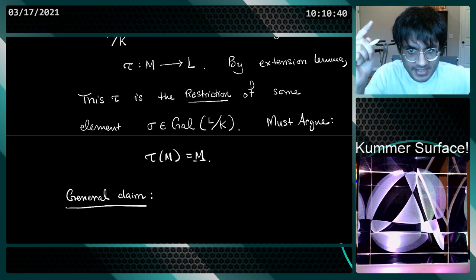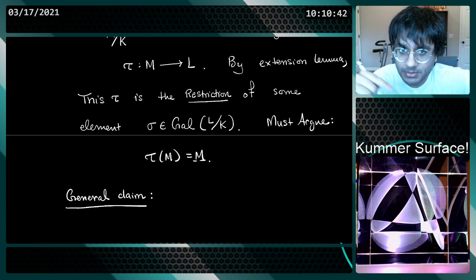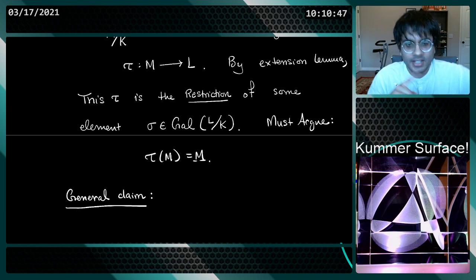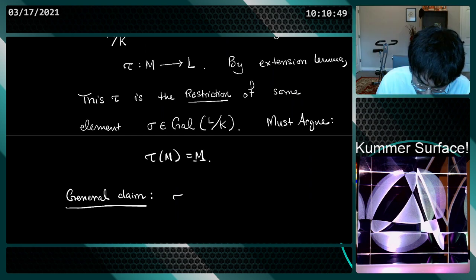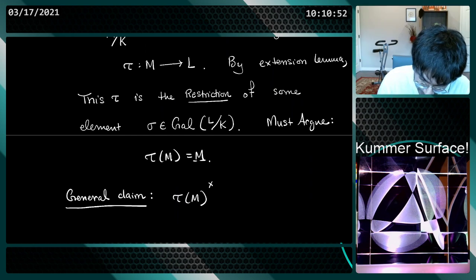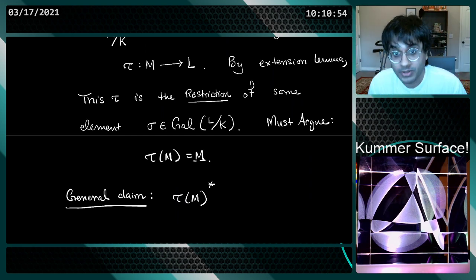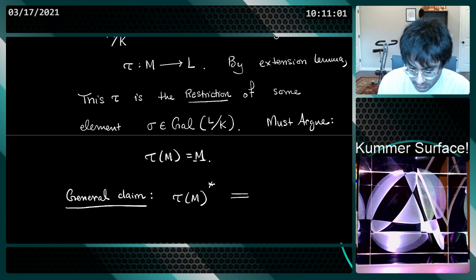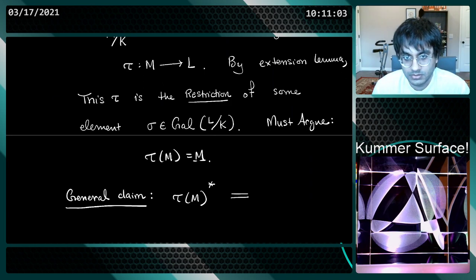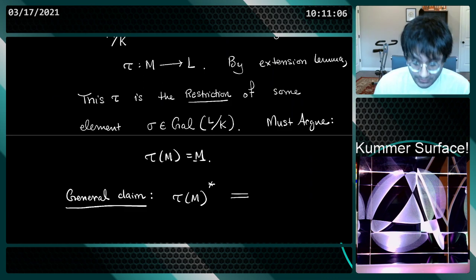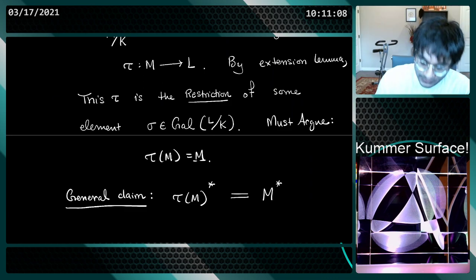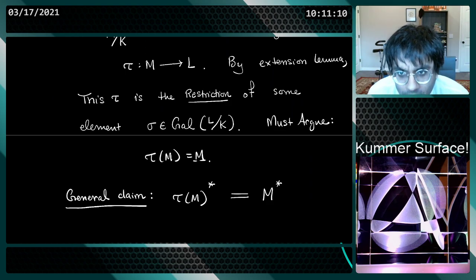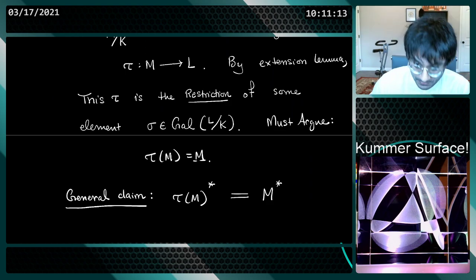So tau has been extended to some automorphism sigma of the large field L, right? Here's a general claim. If you look at this fixed group for this field, and you look at the fixed group of this field, they're not equal, but they are conjugate subgroups.